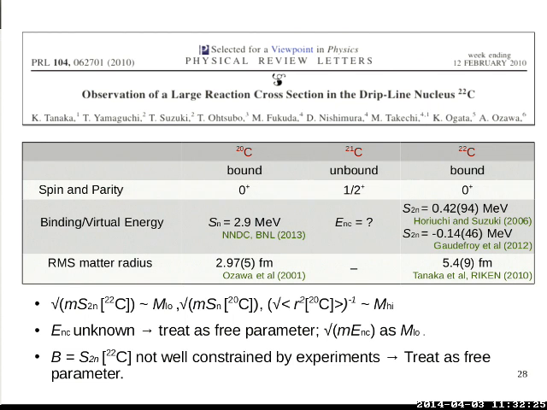If you believe that value for ENC, then carbon-21 would be bound. They're not consistent. But experimentalists haven't seen it, and they would tell you it's not bound. So the situation on these input parameters is not really clear cut. There are different experiments that give different results, so it's not well defined what to use as input parameters.